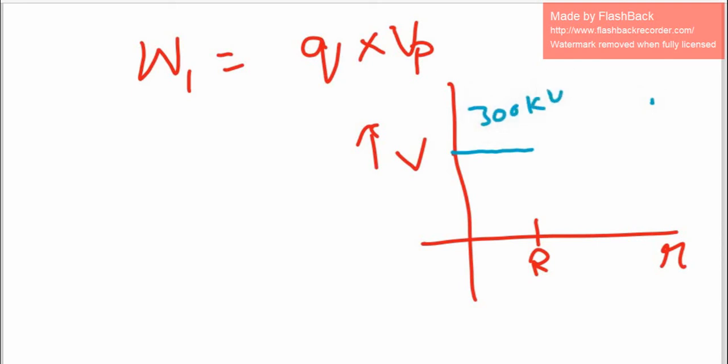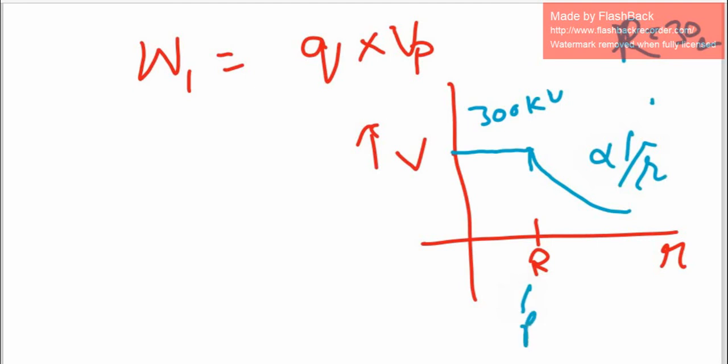We have used, I think, R equal to 30 centimeter. So the potential inside the sphere is constant, and after that it will follow 1 over r. As we increase the distance, it will go downward, where r is the radius of the sphere.